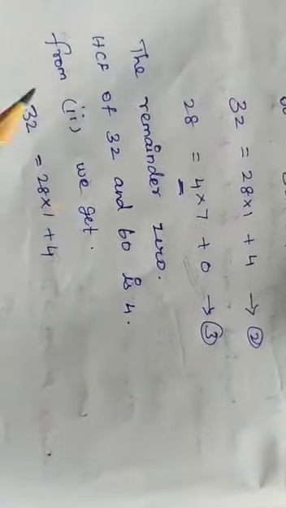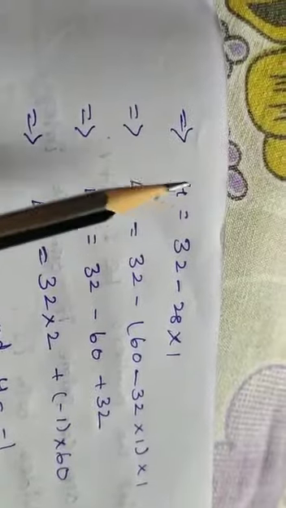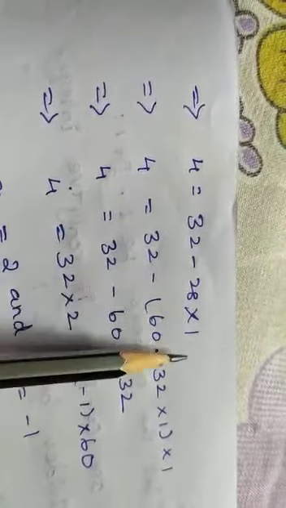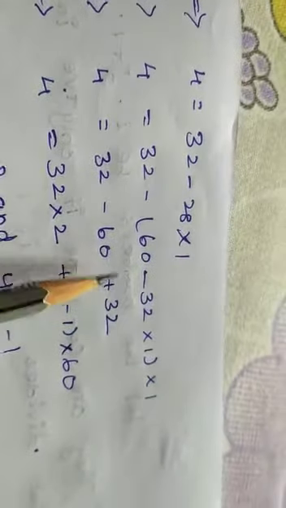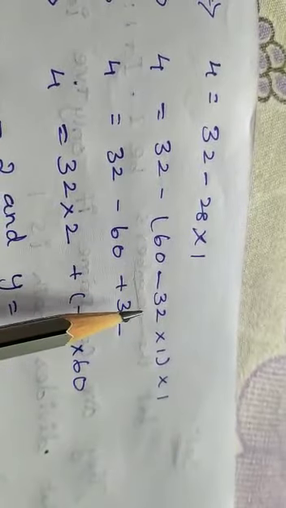From 2 we get 32 equals 28 into 1 plus 4. So you already know that we are finding the HCF, so we'll equate it to 4. So 4 equals 32 minus 28 into 1. That is 4 equals 32 minus, and here I am putting equation number 1, leaving the remainder, I will take the other values and put them here into 1.